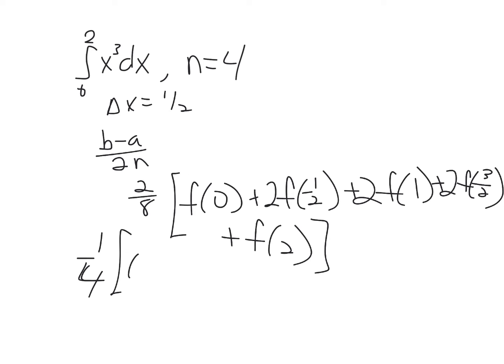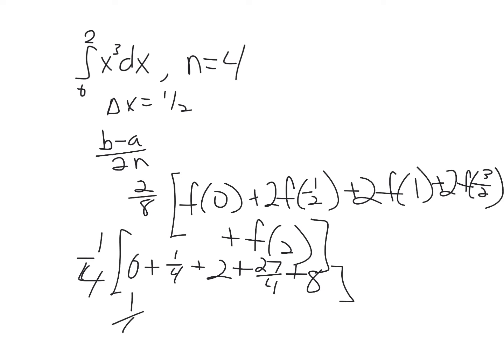F of 0 gets a 0, plus 1/2 to the third power is 1/8, times 2 is going to get us 1/4, plus put 1 in, we're going to get 1, times 2, we're going to get 2, plus 3/2 to the third will get us 27 over 8, times 2 will get us 27 over 4, plus f of 2, we put 2 in, you're going to get 8.